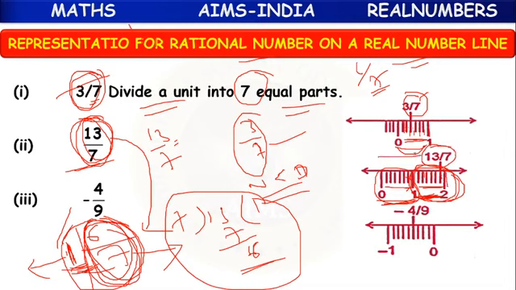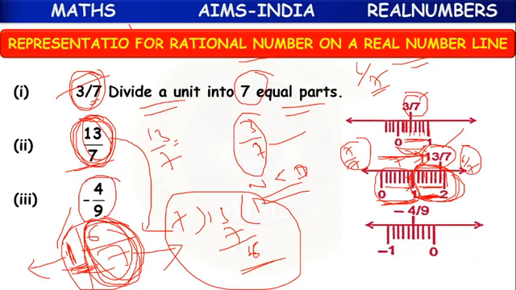Actually 13 by 7 is 7 by 7 plus 6 by 7. Like that, a mixed fraction can also be represented on a number line.